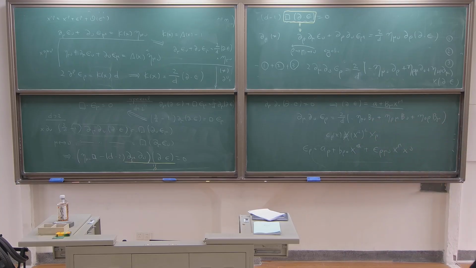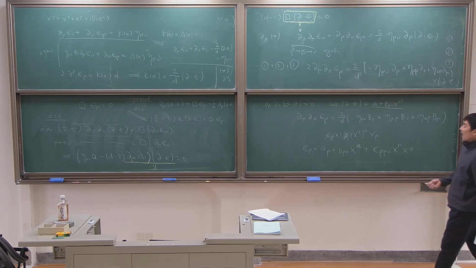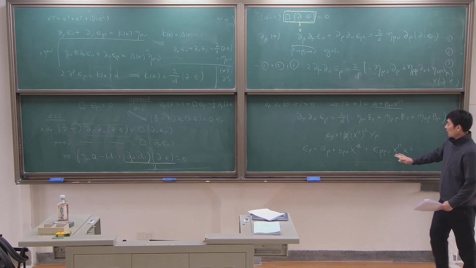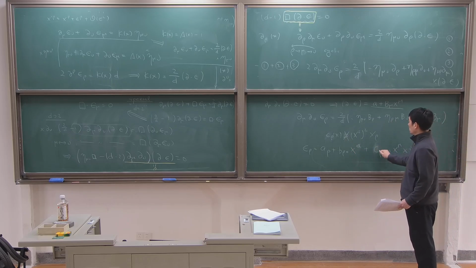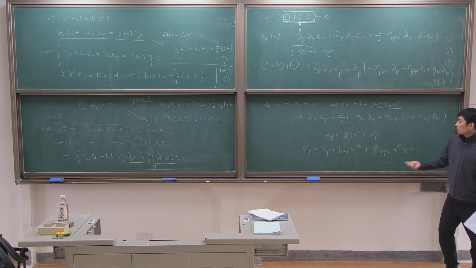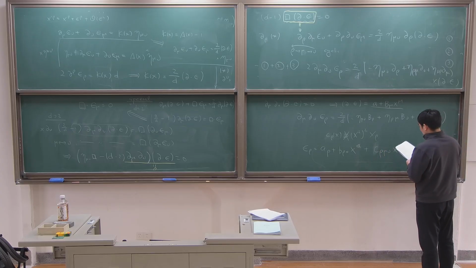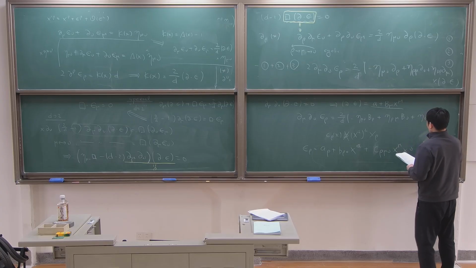So that's what we need to impose. And since if you take the twice derivative, you only see this term. I think I call it C here. So C_{rho mu nu} should in fact take the following form.